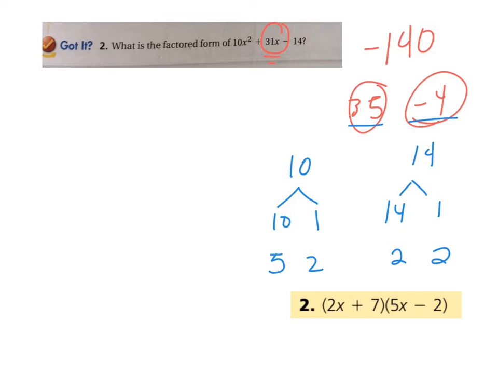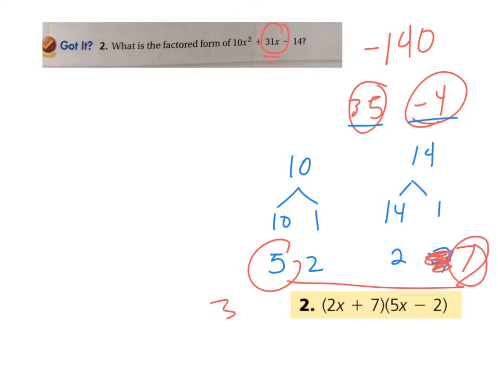I'm sorry, I don't know why I wrote 2 and 2 over there. So, we recognize hopefully that 5 times 7 is 35. There's my 35. And 2 times 2, and one of those is going to be negative obviously, is going to create my negative 4.